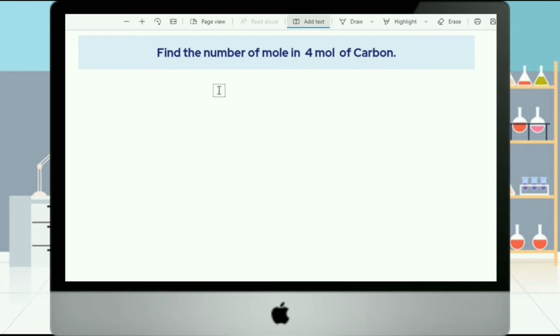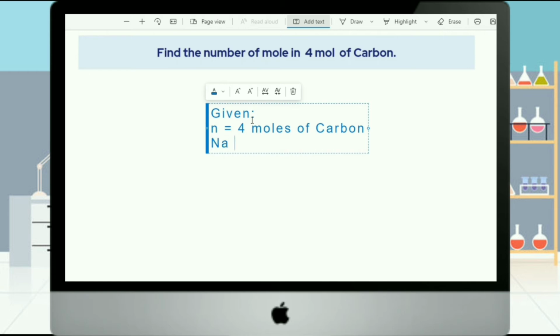Again, let's write our formula first. So, the number of moles equals the number of elementary entities, which in this case, we're going to find the number of atoms. So, the entity here is the atom, over the Avogadro's constant. So, in this problem, we are given the number of moles, which is 4 moles of carbon.